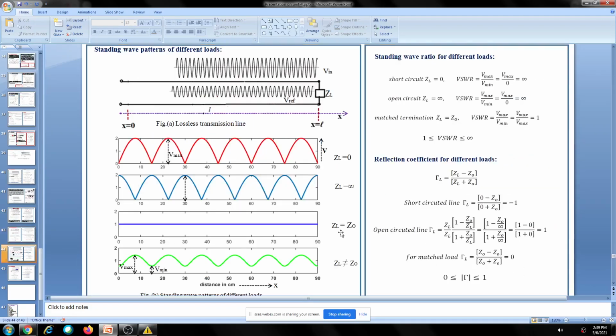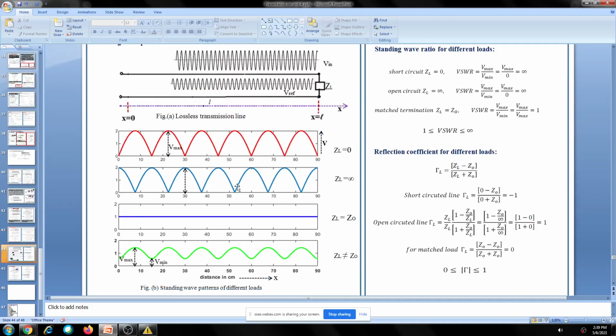In most of our applications we can measure the V maxima and V minima. See here, these are the standing wave patterns for different loads.